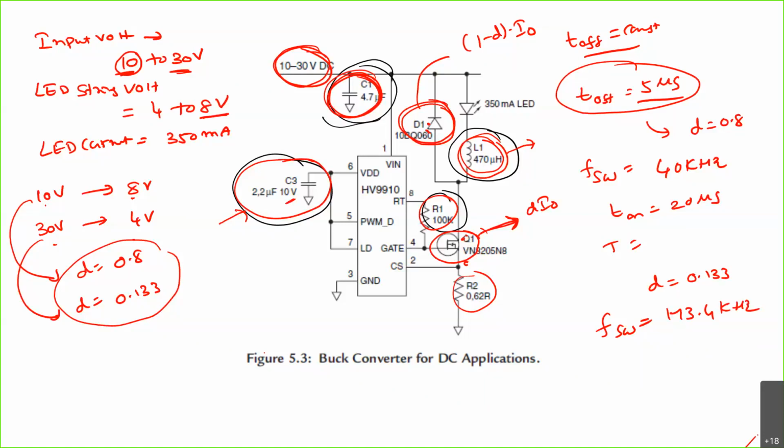So what you understand is, if you are fixing T off, the switching range is around 23.4 to 173.4 kilohertz. You can roughly average it, so it is operating in the range of 100 kilohertz. Whenever you are designing an EMI filter, we normally consider the average of these two, so approximately 100 kilohertz. Clear?